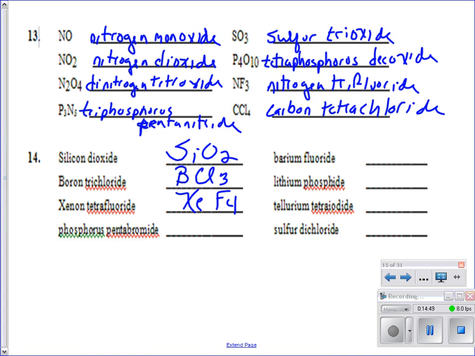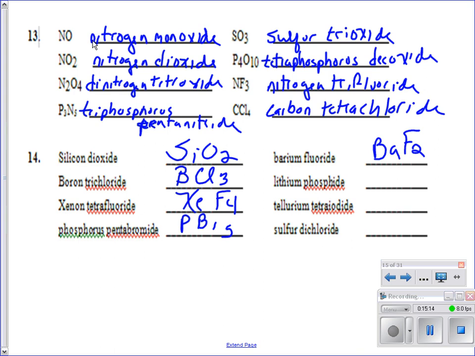Phosphorus pentabromide. Barium fluoride. BaF2. Uh-oh. Where'd the 2 come from?